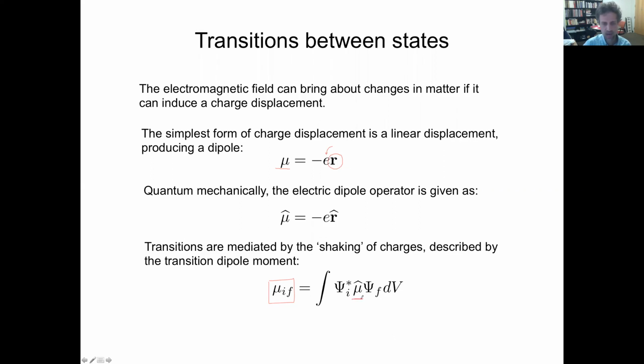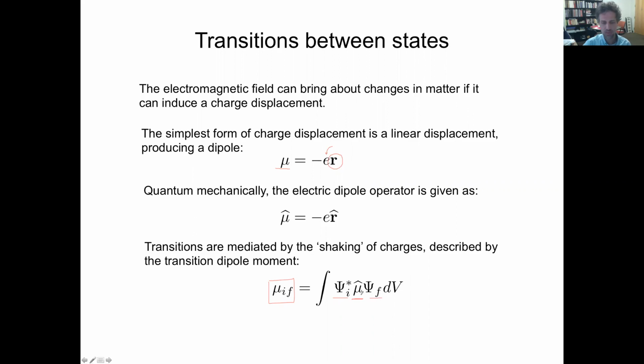It basically tells me how successful the light is in shaking the charges, in doing something, and moving the charges in my atom. If the light can't do it, then not much will happen. But if light can do it, if it's able to cause a displacement of the charges in my atom, then this dipole operator is a non-zero thing, right? Now it's sandwiched between two wave functions here, as you can see. The first one here is I, the complex conjugate of the initial state, and then the second one is F, that is the final state.